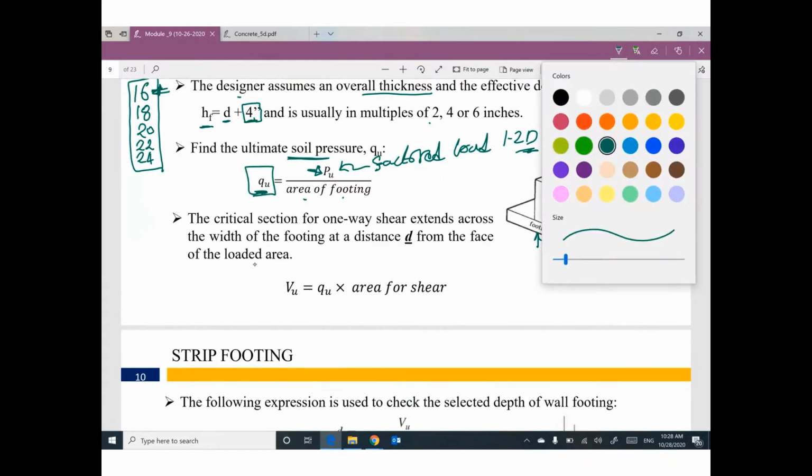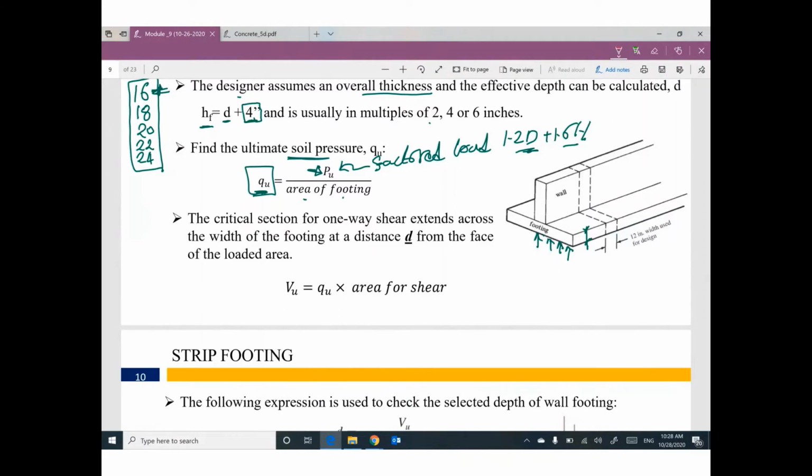We have an issue with shear. We have shear in footing, yes. And this shear, the critical section for shear at distance D from the face of the wall.